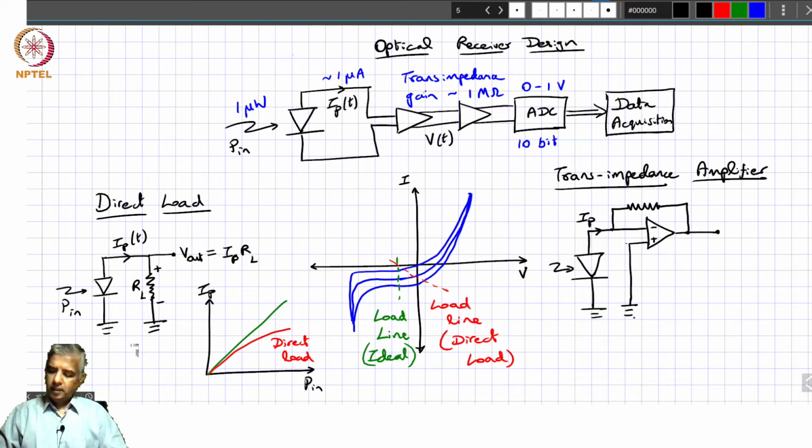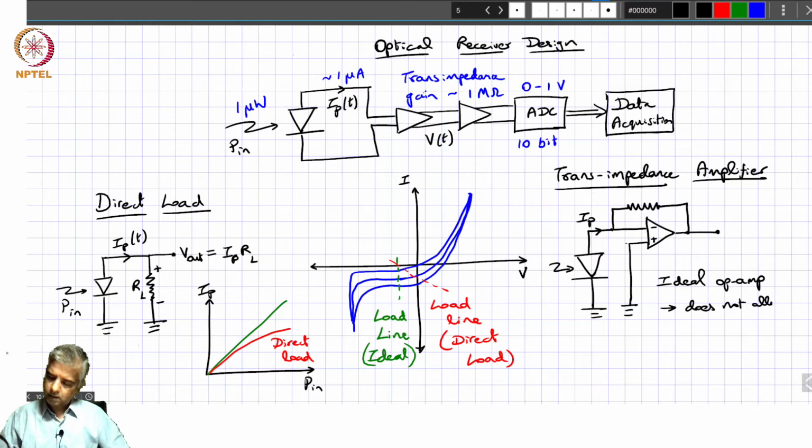Well, for an ideal op amp, one property is that it does not allow any current to flow into its input terminals.